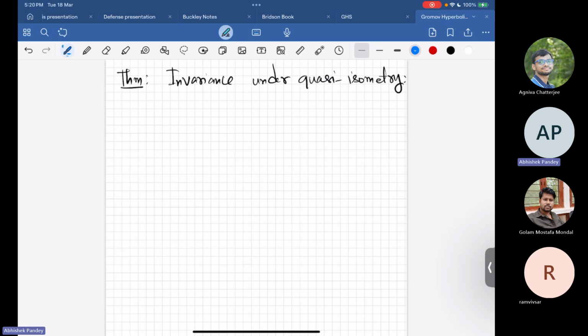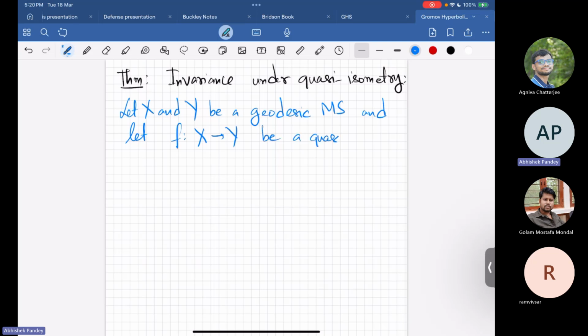Let x and y be geodesic metric spaces, and let f from x to y be a quasi-isometry. Whenever I say quasi-isometry, it follows the definition which I wrote earlier. And whenever I say quasi-isometrically equivalent, it means that the second condition is also there, and in particular, one can take the ontoness condition.